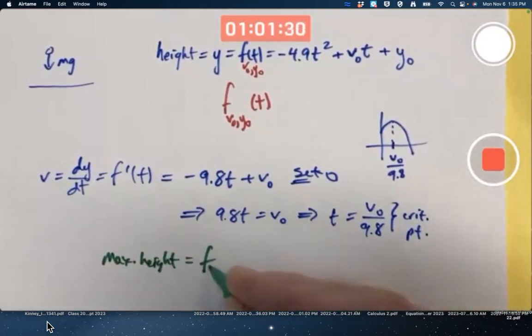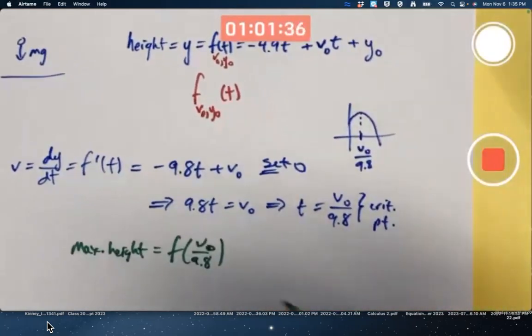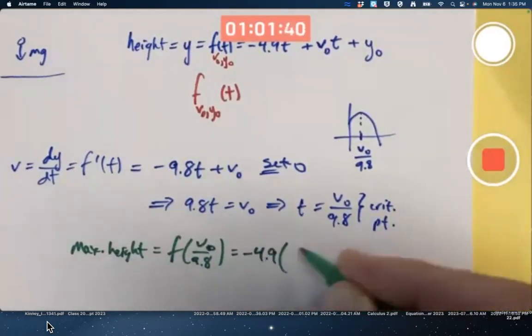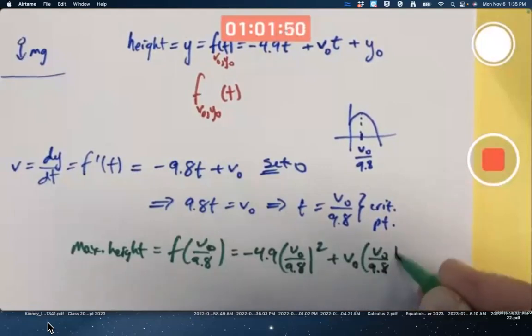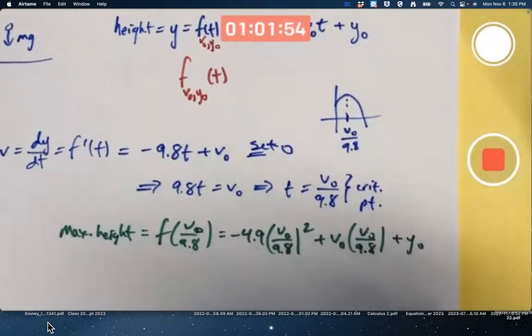f of v naught over 9.8. Yeah, it's a bit of a pain, but just do it. Replace t with v naught over 9.8 everywhere you see a t, and simplify.